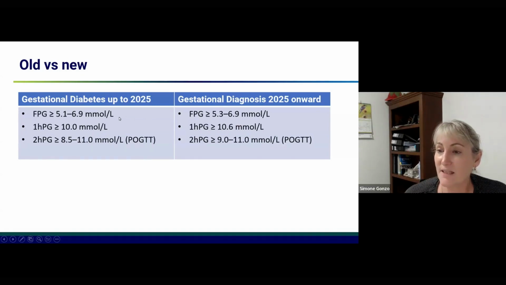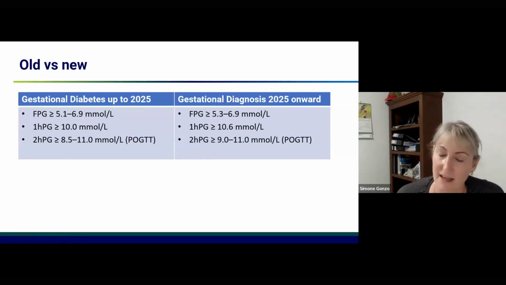Fasting plasma glucose is moving from 5.1 to 5.3 to diagnose diabetes. This is on an oral glucose tolerance test. And the 1 hour plasma glucose is moving from 10 to 10.6, and 2 hour plasma glucose from 8.5 to 9. So on the right are the new diagnostic numbers.